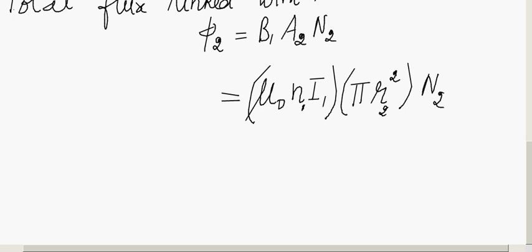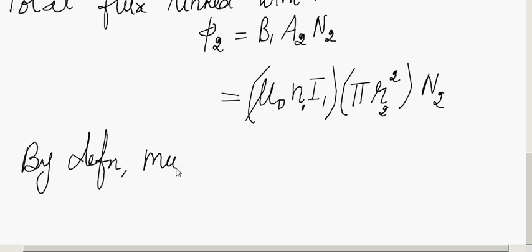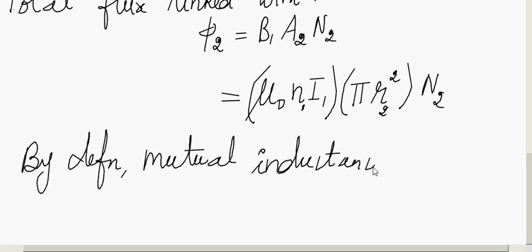Next, what is mutual inductance? By definition, mutual inductance M is given as phi 2 by I1.